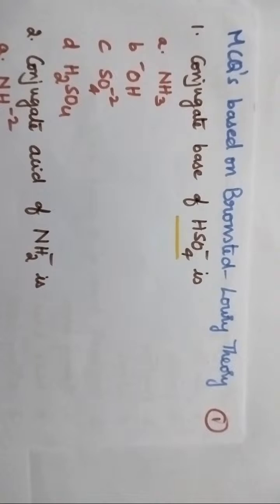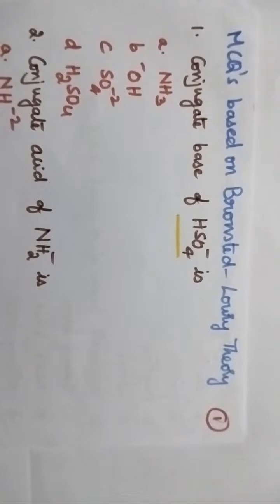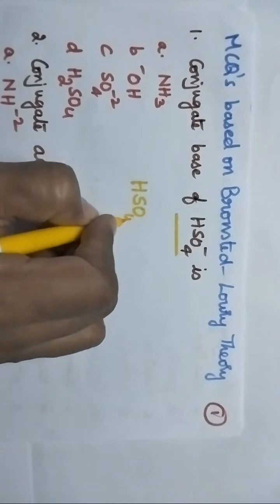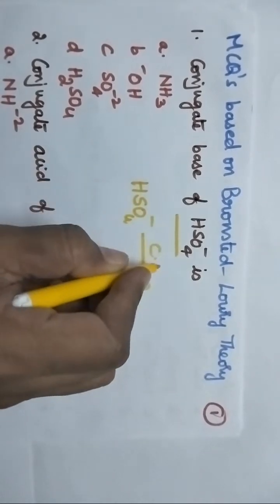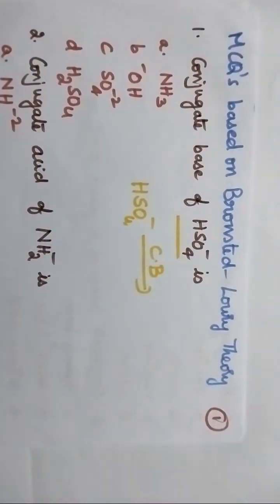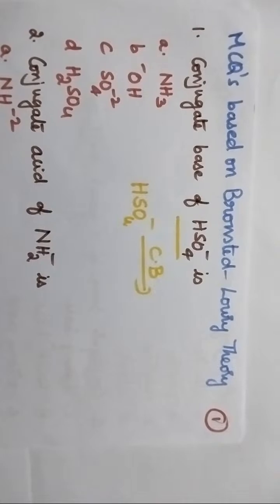Be careful while answering. You have to identify the conjugate base of HSO4 minus. Conjugate base means what you are supposed to do?